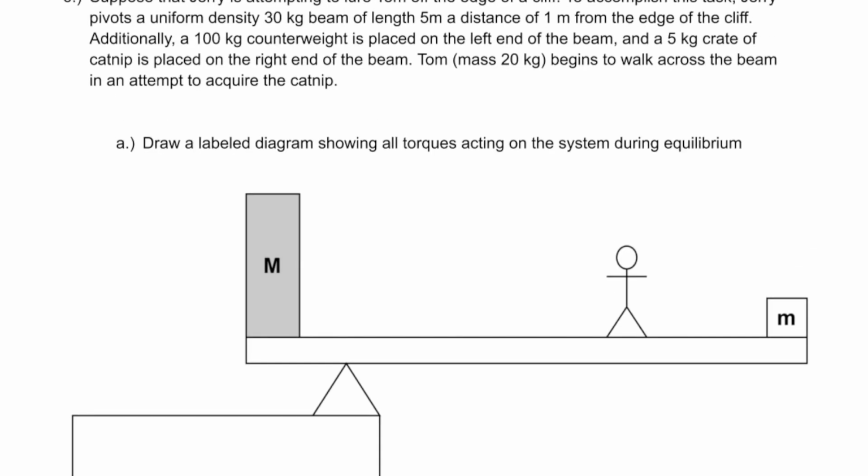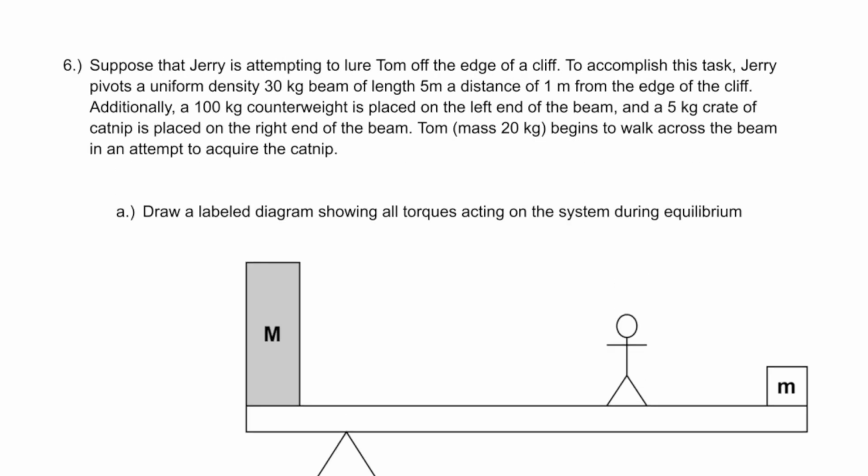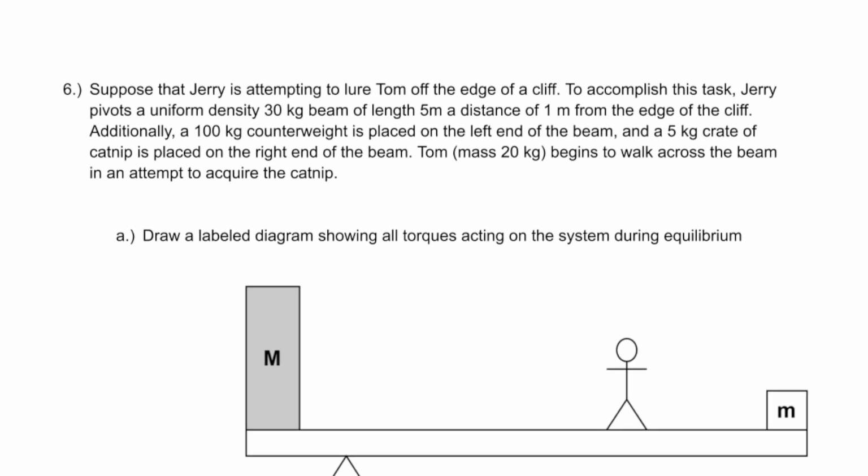But to start, there is this sort of counterweight that he placed on there. So let's just fill in some values before we start. Just plugging and chugging here. So this is 100 kilograms. So there's a 100 kilogram counterweight placed on the left end. There's a 5 kilogram catnip treat basket.